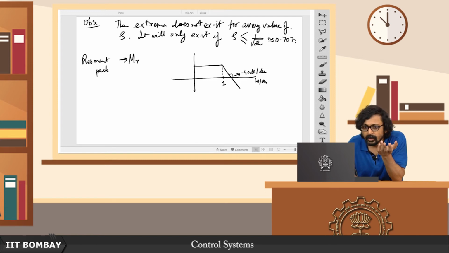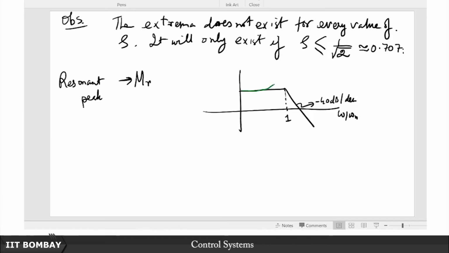If I want to draw this accurately, it will probably look something like this. It will not deviate from that line, there is no reason to deviate from that line. Let me be a little more careful here. Then it merges and sticks to this black line and goes like this.